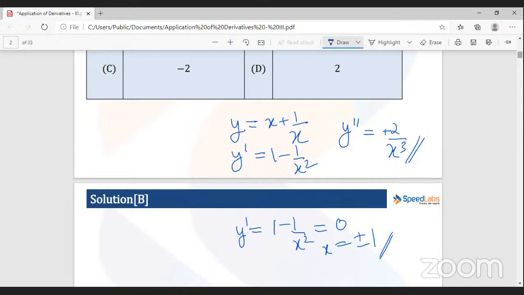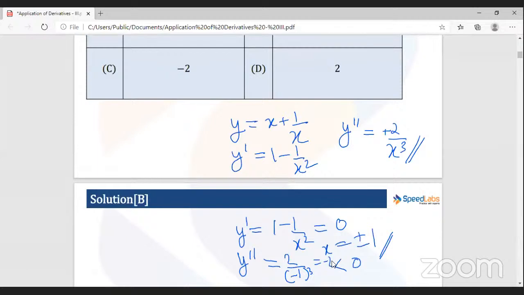But the thing to note here is that the value where this y double dash, 2 upon minus 1 cube, is minus 2, which is negative. So this is the local maxima.